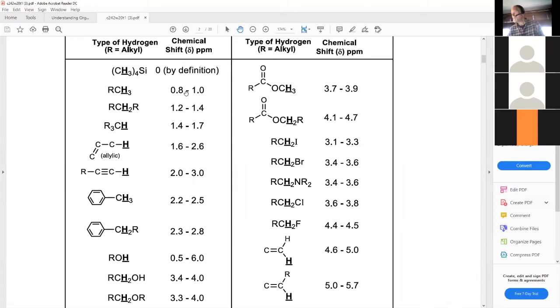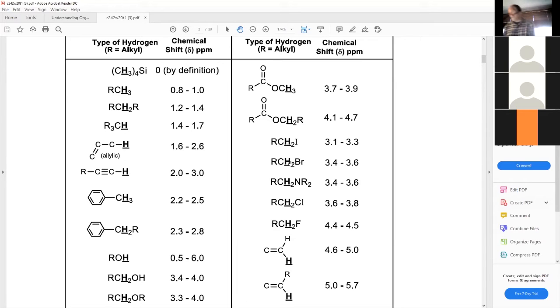That's where it would start to resonate. Whereas if you put more electron withdrawing atoms, like a bromine, on the carbon that has the hydrogen, it takes a lot more energy to cause the resonance because the bromine pulls electrons away from the hydrogen. And you probably read the word deshielding in the textbook.